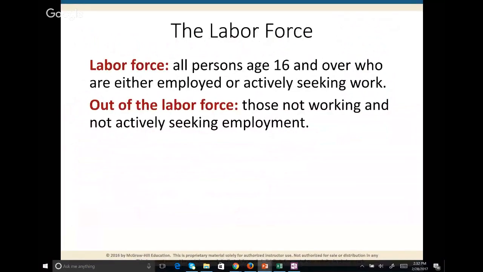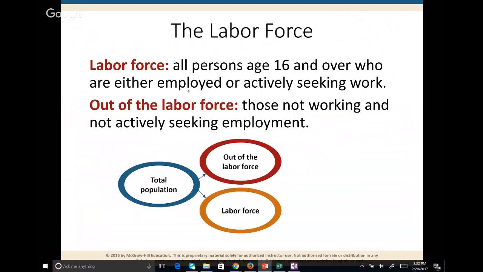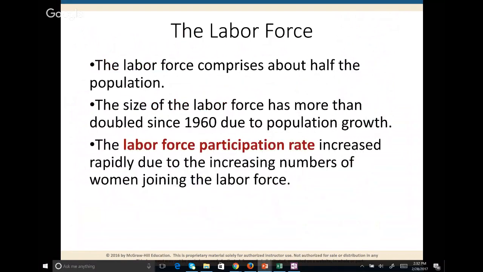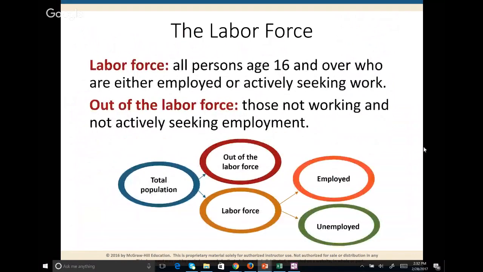now make sure to know what a labor force is. So labor force is all the people who are over the age of 16 and who are either employed or actively looking for a job.